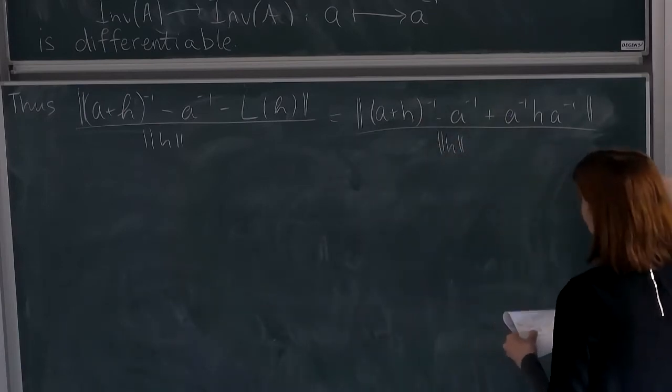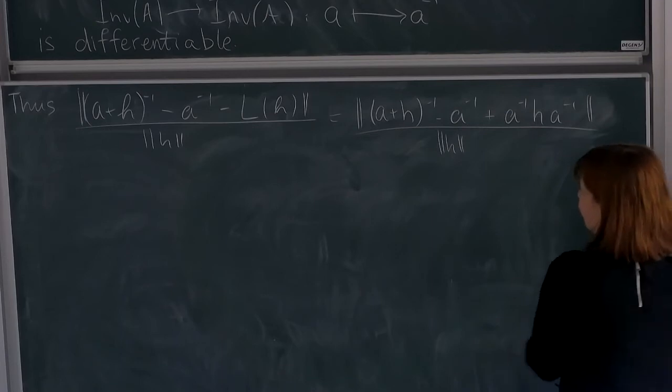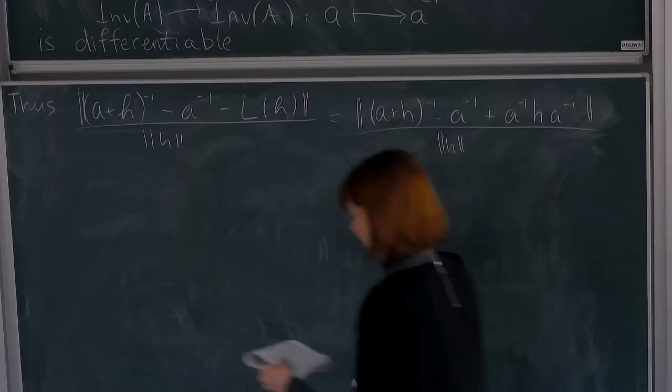So now I would like to factor out an A inverse. So I need to sort of stick it in here and then take it back out.